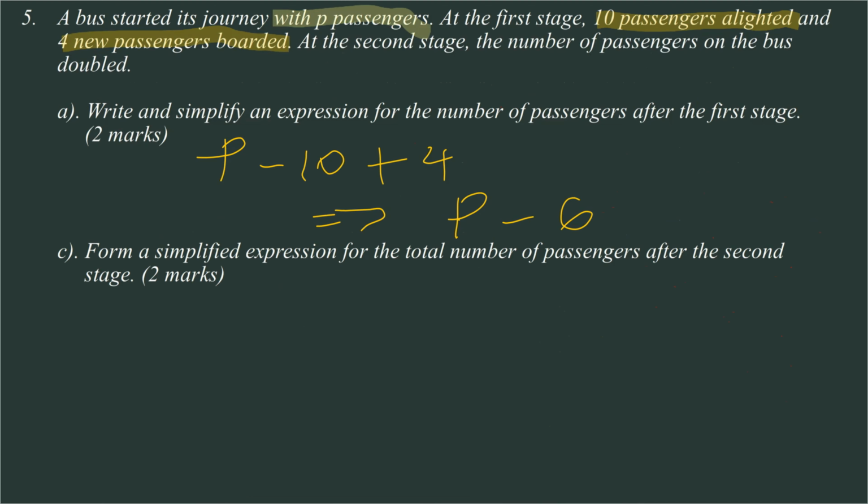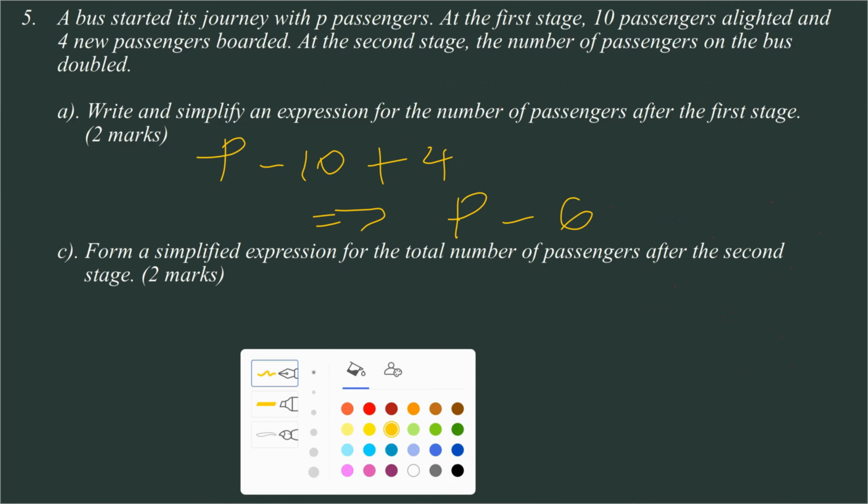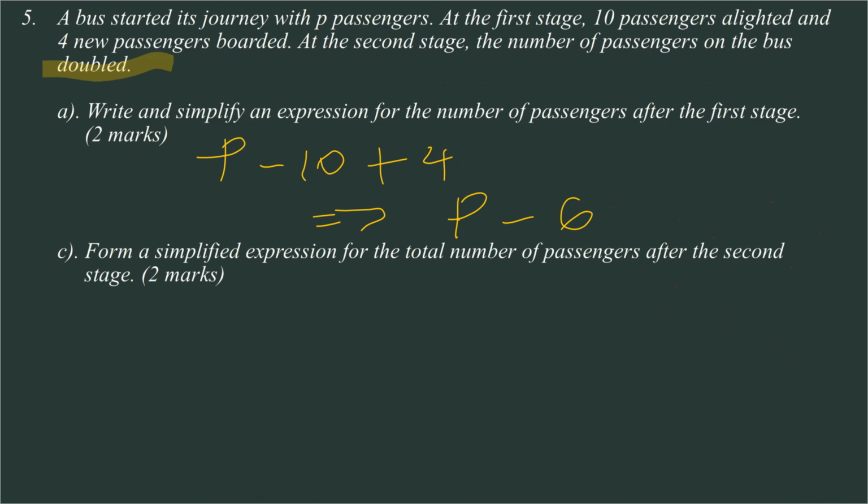Form the expression for the total number of passengers after the second stage. At the second stage, the number of passengers on the bus doubles.